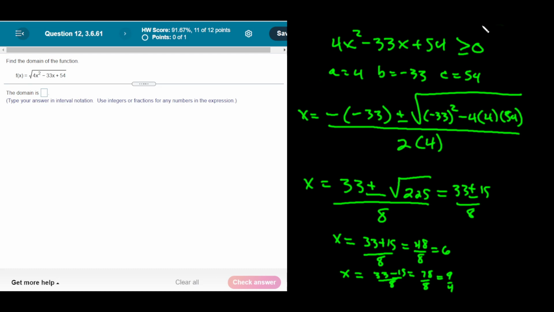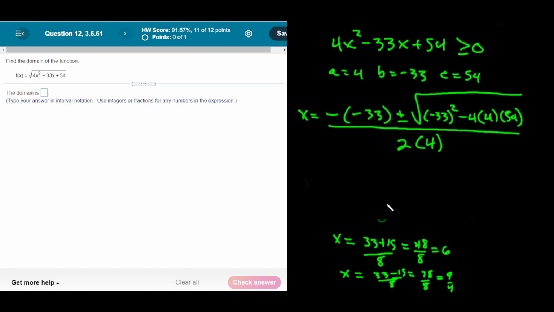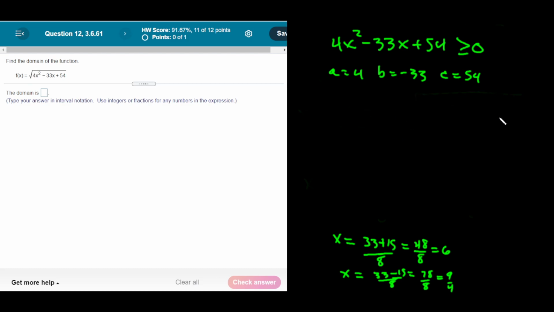So I have to erase some of this stuff here, because we have our key players and that's all we need. Erase all that quadratic formula junk. I want to do something crafty.